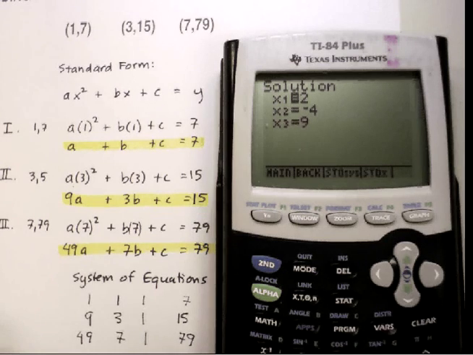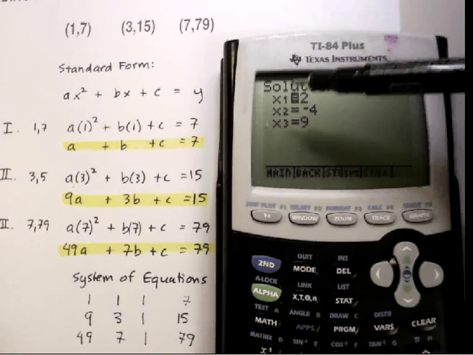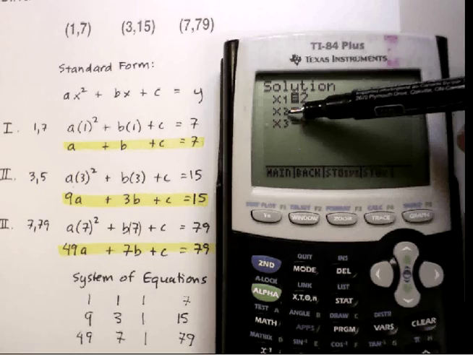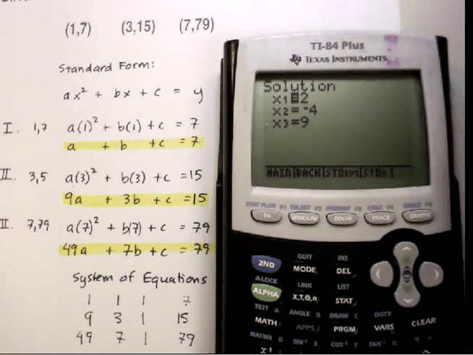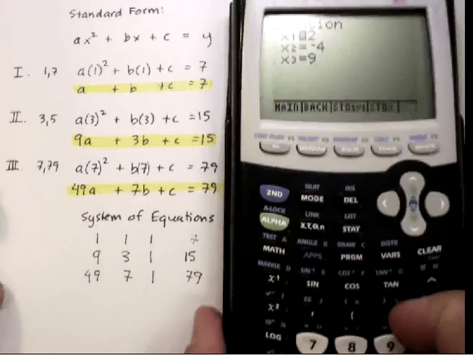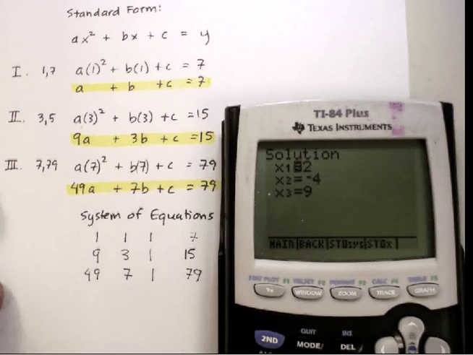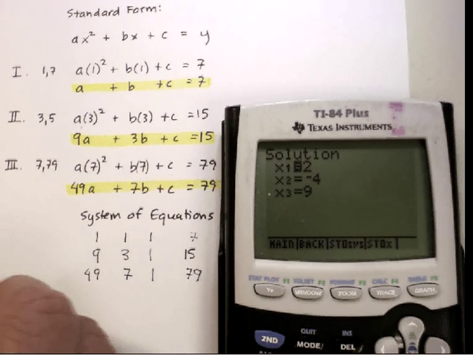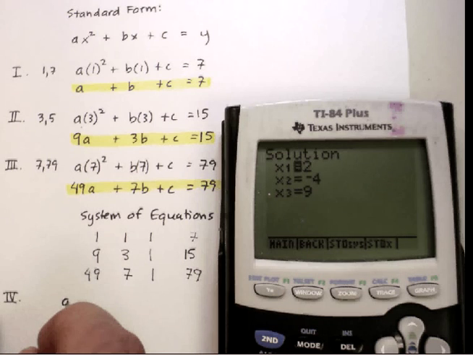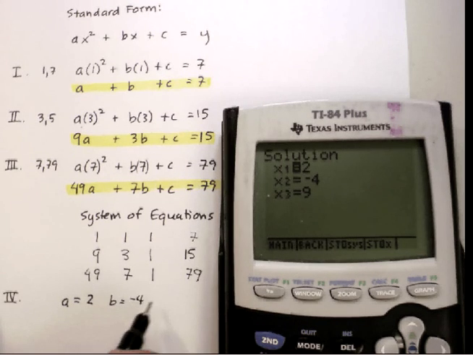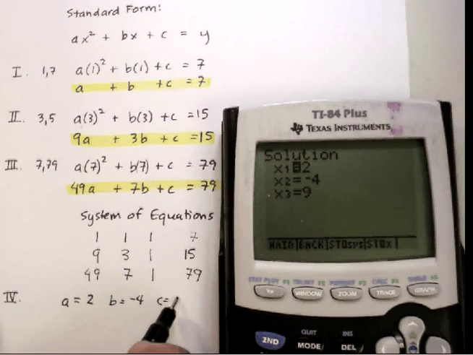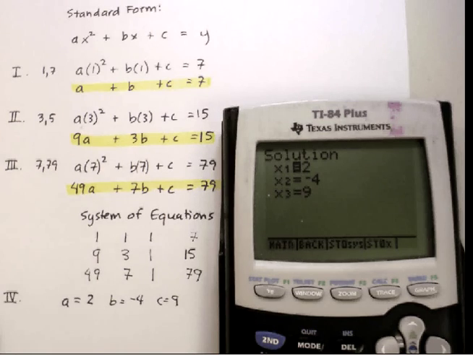And there's our coefficients. Now notice it doesn't say A, B, and C. It says x1, x2, x3. That's just a different notation. But basically what this is saying is that our A is equal to 2, our B is -4, and our C is +9.